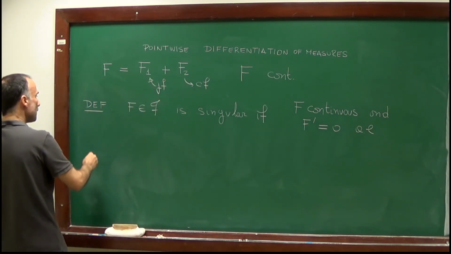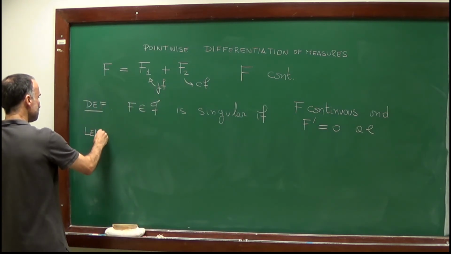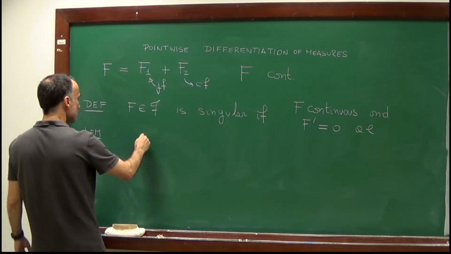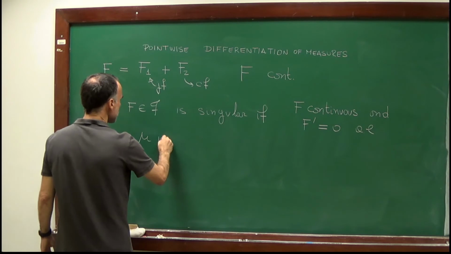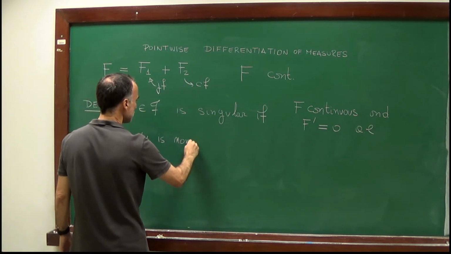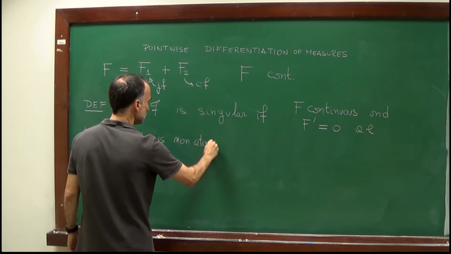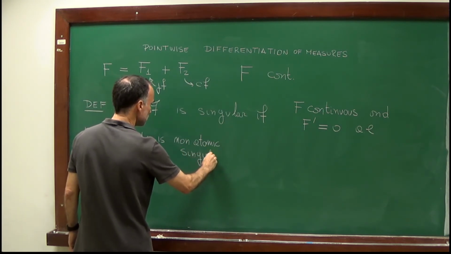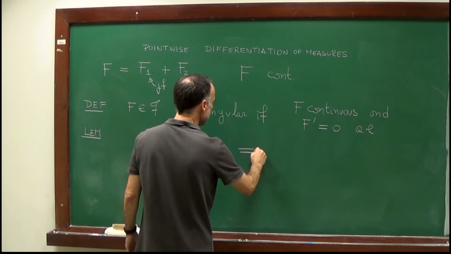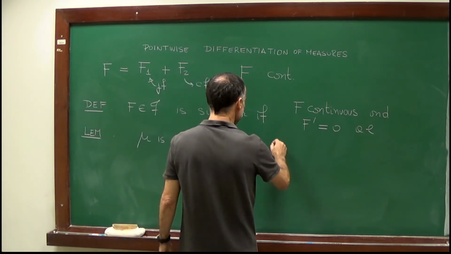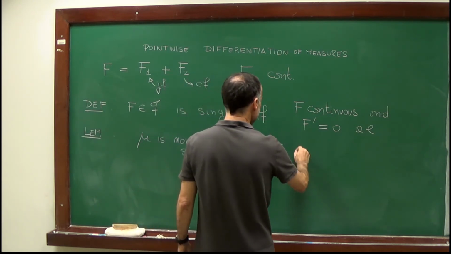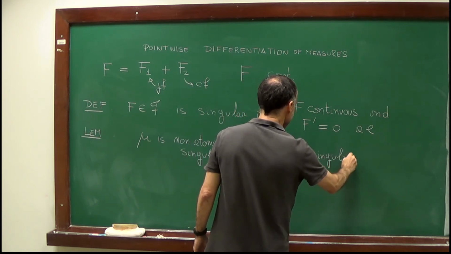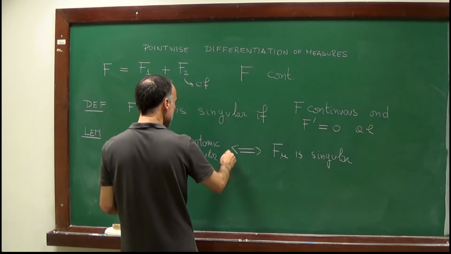And the lemma which I want to prove now says the following. Mu is non-atomic and singular if and only if f of mu is singular. And here I mean singular with respect to the Lebesgue measure.